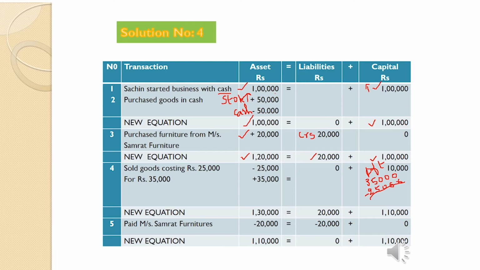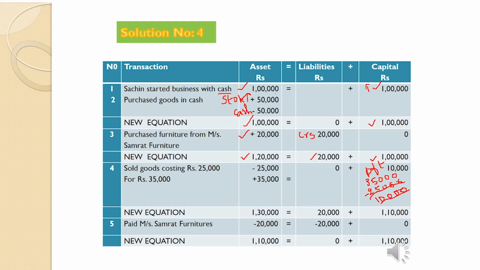So that is added with the amount of capital. 35,000 is the value of goods sold, but actual value is 25,000. The difference between these two is 10,000, the profit, that is revenue for us. So that is added with amount of capital.